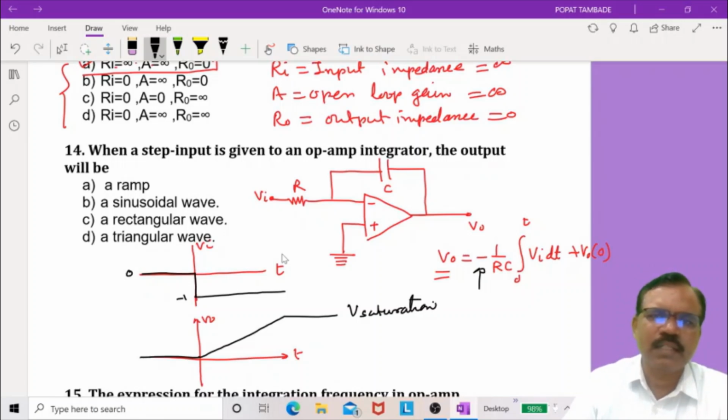That is decided by the supply voltage. Here we have supply voltage Vs plus minus V. So this is a ramp. So the waveform is a ramp.